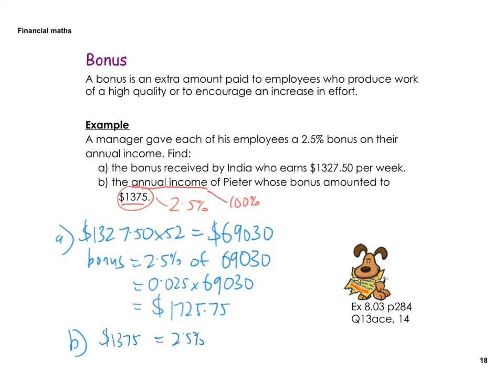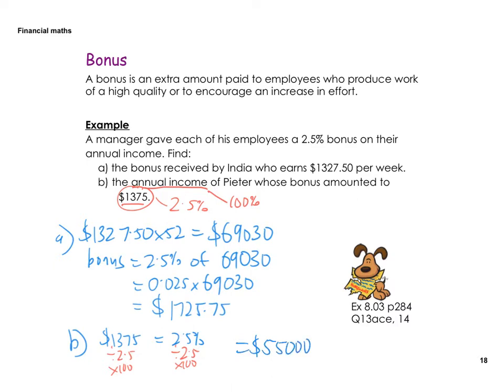Now the best way to get 100% is to probably use the unitary method. Find 1%, then find 100%. So let's divide by 2.5, then times 100. So your answer is going to be 1,375 divided by 2.5, and then times by 100, which is 55,000.